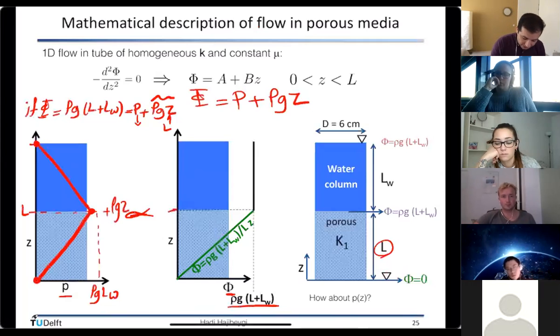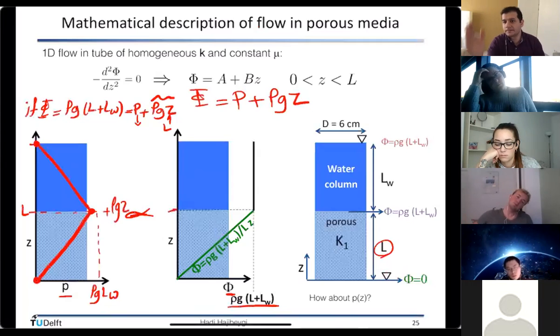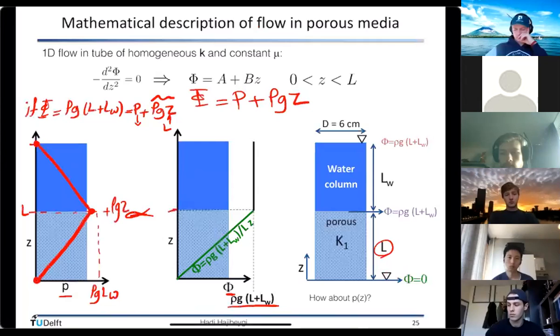Now, if you add the pressure plot with rho Gz, you will get exactly the potential curve.